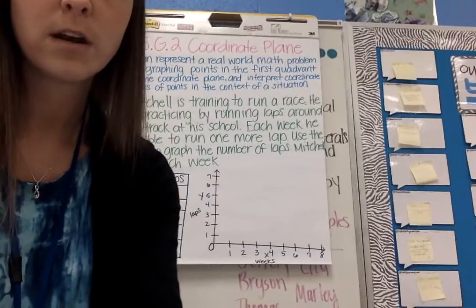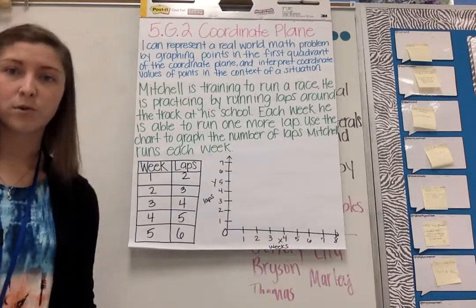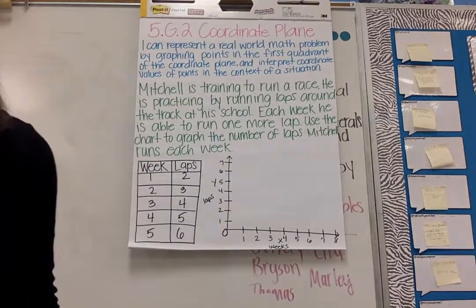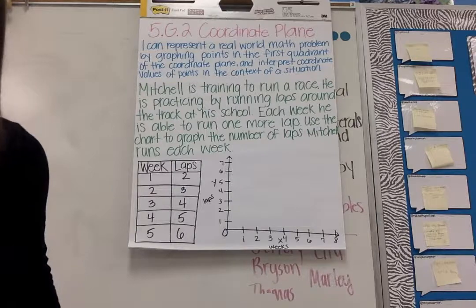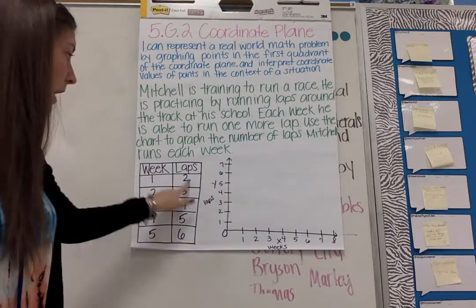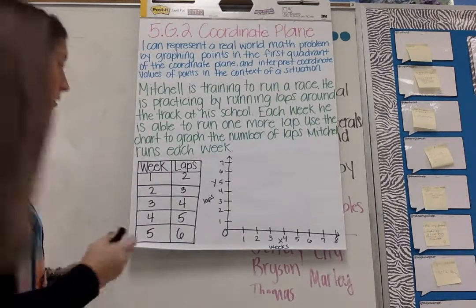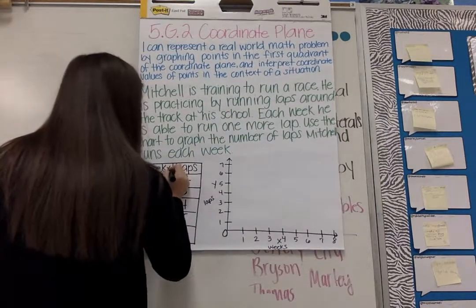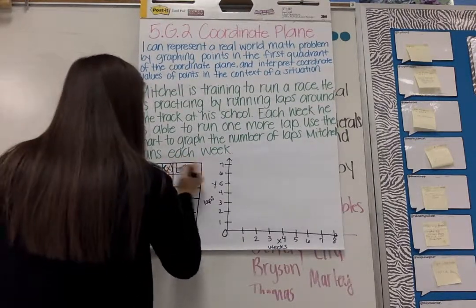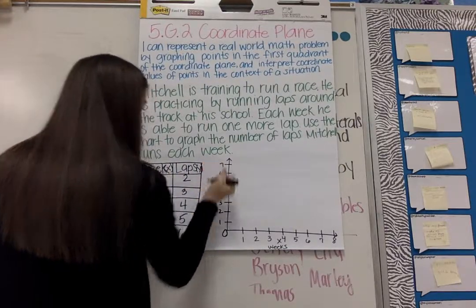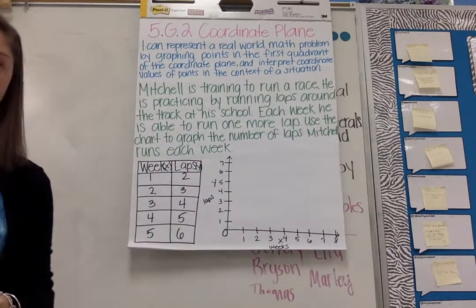So if we're thinking about how we just talked about ordered pairs the past couple of days, we can take these numbers over here and we can develop different ordered pairs. We know that the first number is going to be our x, and the second number is going to be our y.